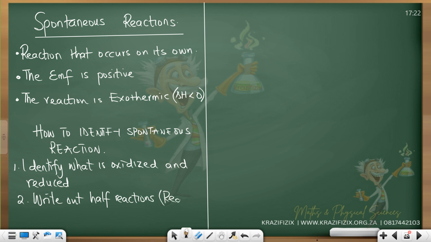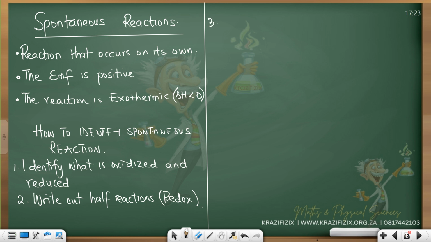So I'm going to say redox. You have to write out half reactions. So first we identify. We had 10, 11 ways of identifying. Now you write out your half reactions, which we use the table for. We copy the cathode. We reverse the anode, if you guys still remember.